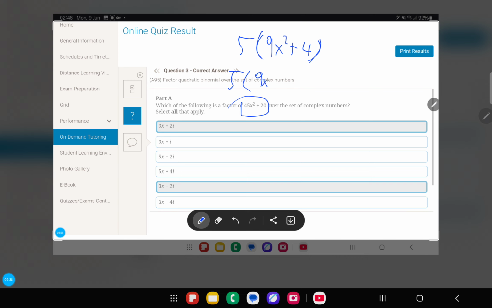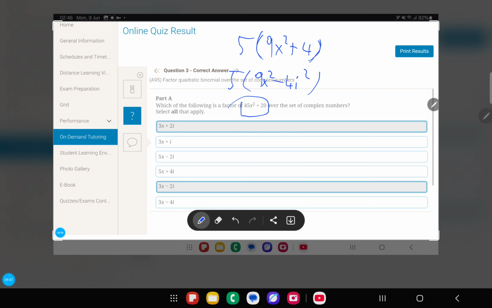Before that we can make 9x squared minus 4i squared. Why? Because it's over the set of complex numbers, right? So since we're trying to find it over the set of complex numbers, we can show it in terms of i, right?